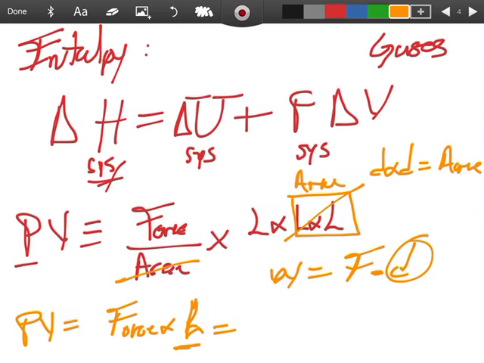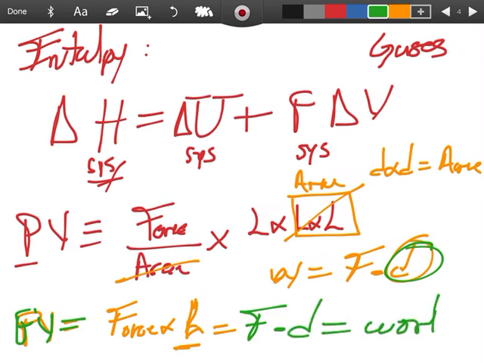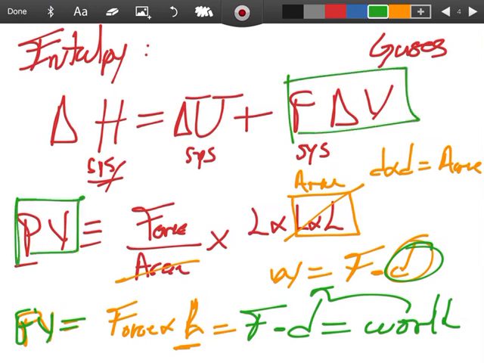So pressure times volume is the same as force times distance, and this is the same as work. Okay? So you can see that if I multiply pressure times volume, what I am actually doing is defining a form of work.